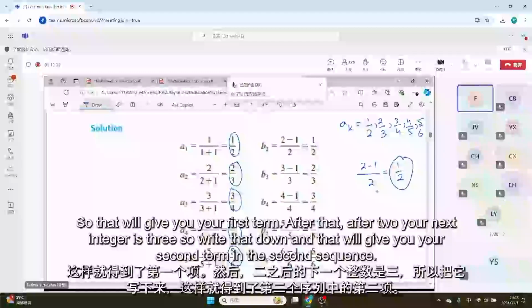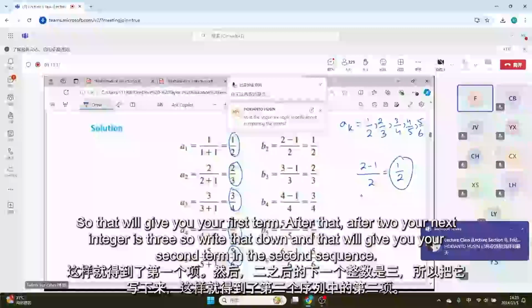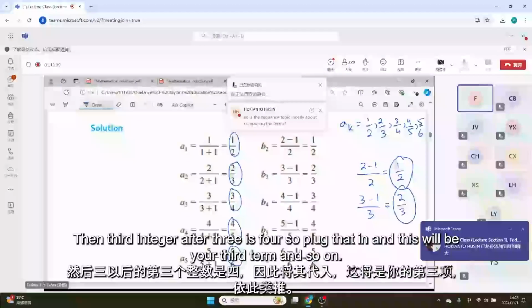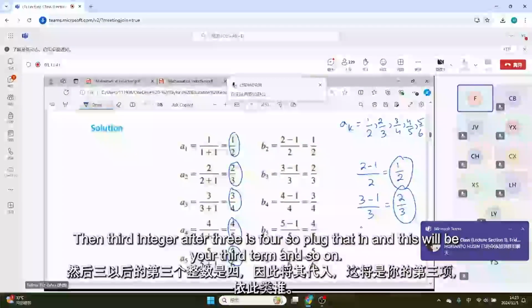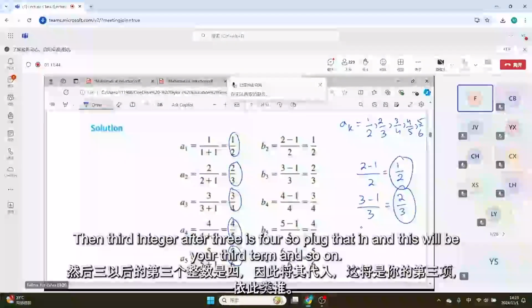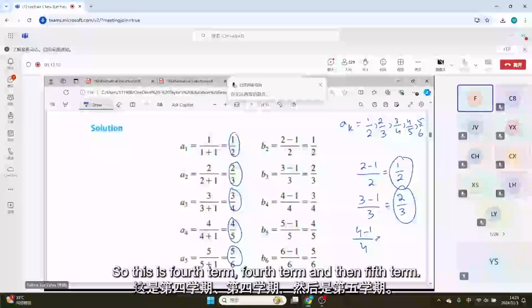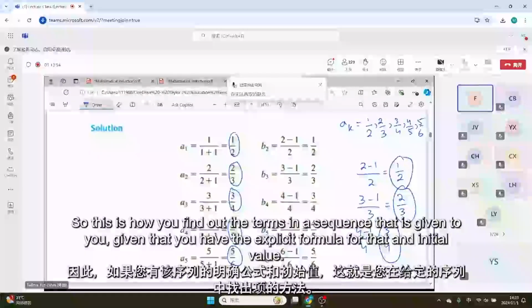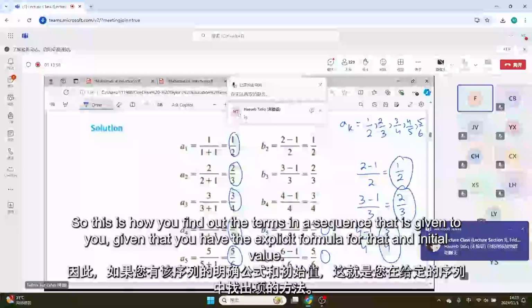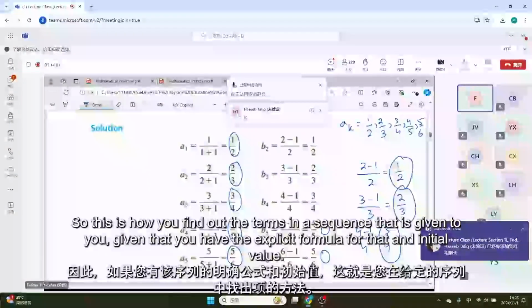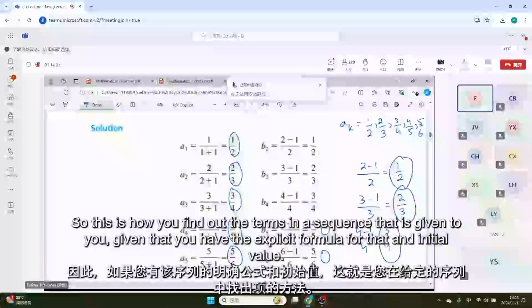So write that down, and that will give you your second term in the second sequence. Then third integer after 3 is 4. So plug that in, and this will be your third term, and so on. So this is fourth term, and then fifth term. So this is how you find out the terms in a sequence that is given to you, given that you have the explicit formula for that and initial value.